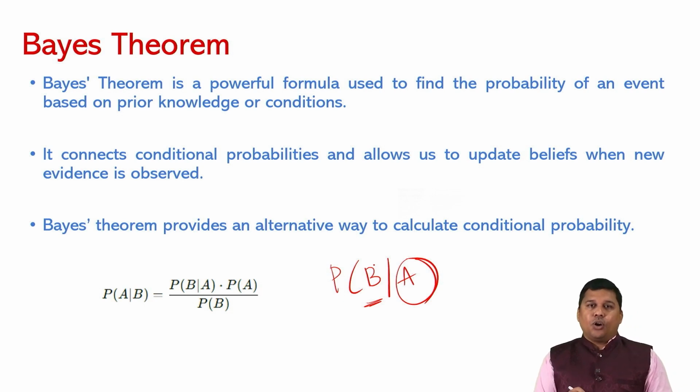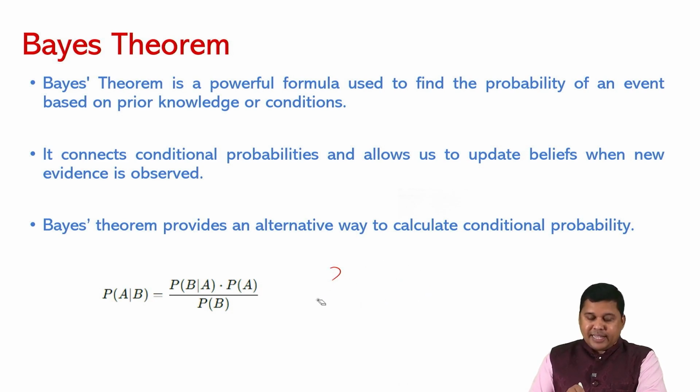So, Bayes theorem is a formula used to find the probability of an event based on prior knowledge. It connects conditional probabilities and allows us to update beliefs when known evidence is observed.